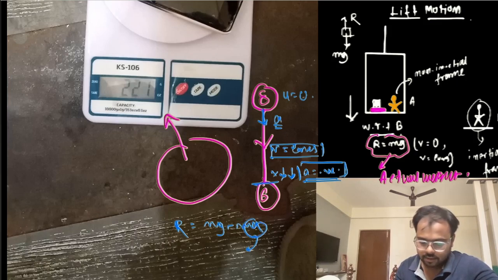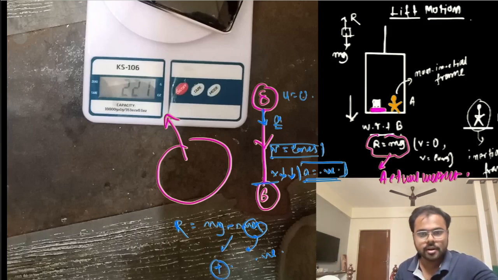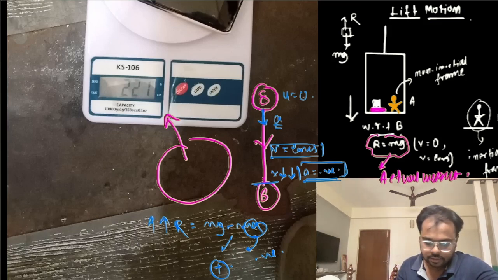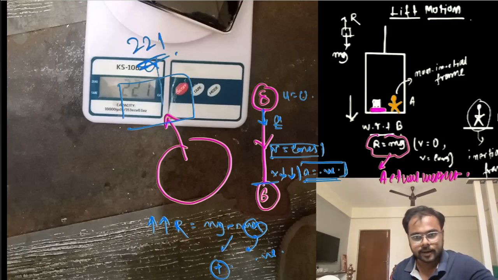So as a becomes negative, this negative sign becomes positive, and this r increases. So our apparent weight will increase. This value of the weight will now increase. That is shown here in this example, almost reaching the value of 221, right?